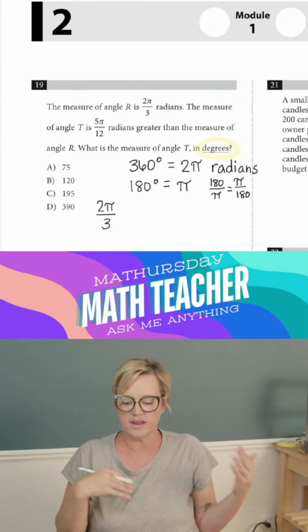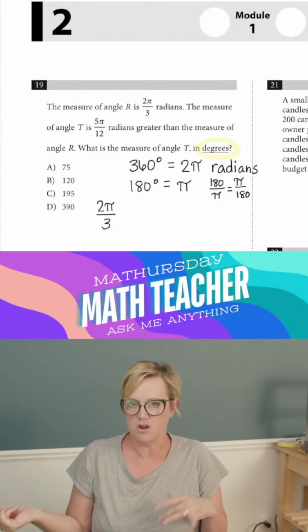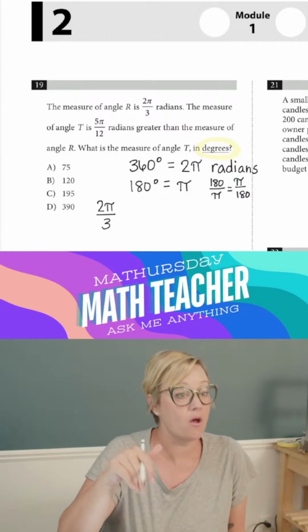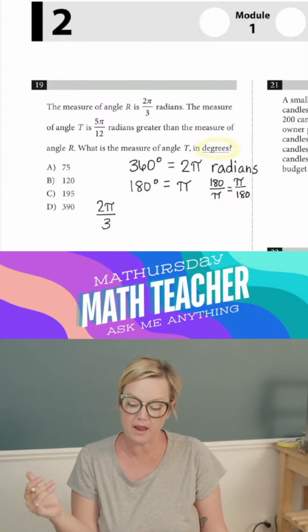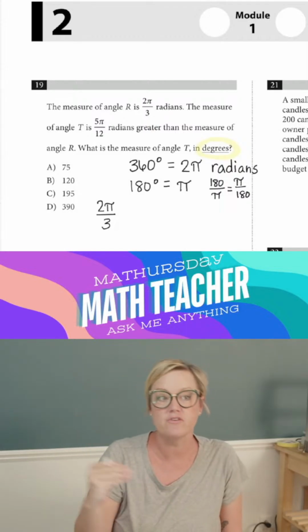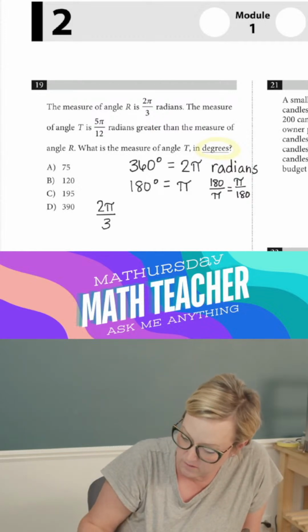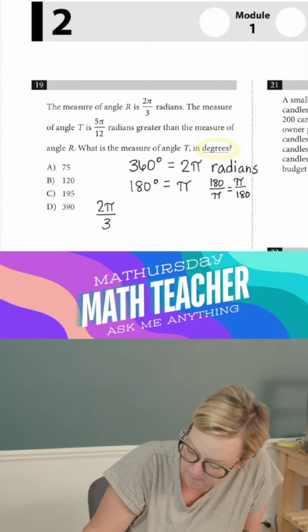It's sort of like converting any units, like meters to yards. You've got your unit rate that you multiply by. I got 180 because that's half of 360. If 360 degrees is 2 pi radians, then 180 degrees is 1 pi radians. So to convert angle R into degrees, I multiply 2 pi over 3 by 180 over pi.